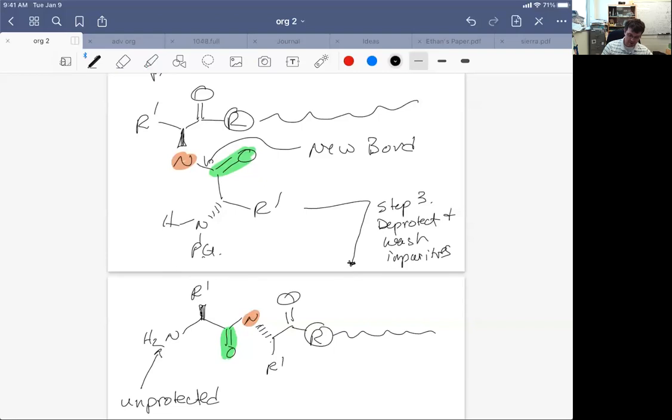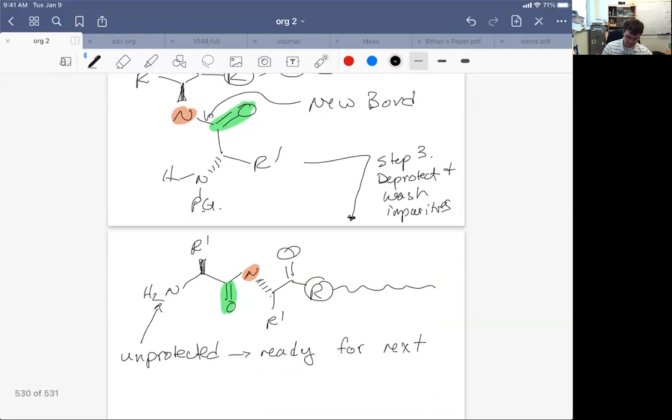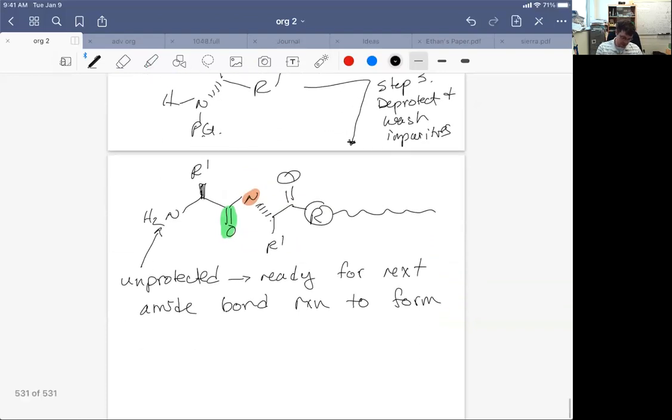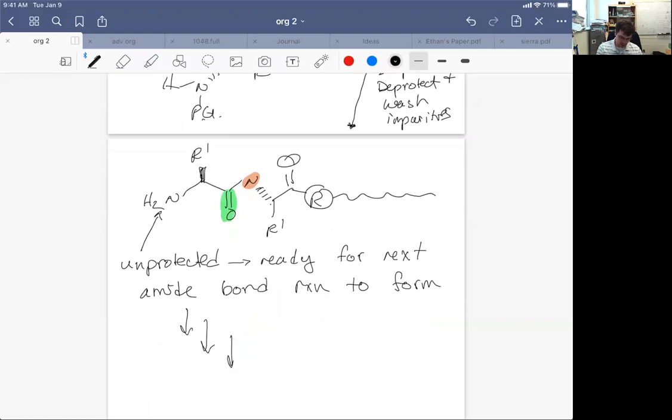Okay, now this unprotected group is ready for the next amide bond reaction to form, and so you could repeat over and over again to make a long, and I'm going to put ish, peptide chain.